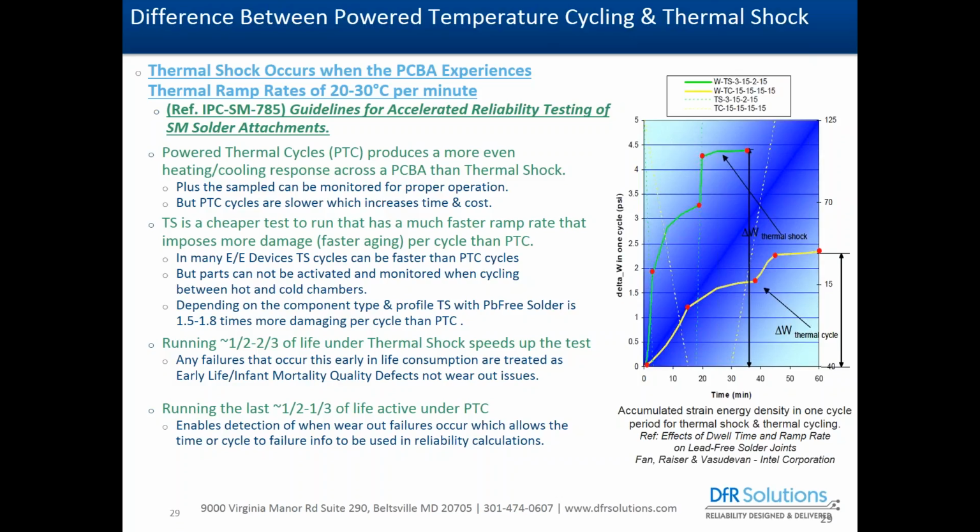Any problems that were noted would be considered to be due to some kind of early life infant mortality quality defect that needed to be addressed differently than wear-out conditions. And then we would run the last half to one-third of the test under the power temperature cycling chambers, which would allow us to operate the unit, put in operational heat, as well as detect if any failures occur and when they occurred, so that we could use the time to failure in doing a Weibull plot or other types of reliability calculations.